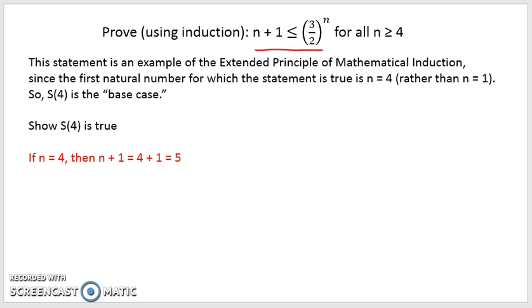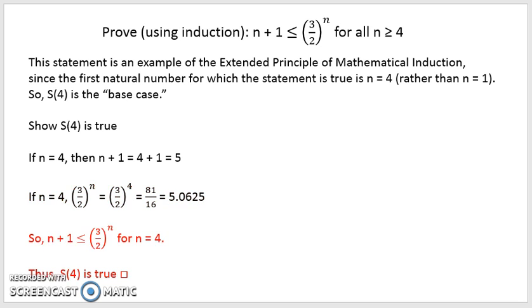If n equals 4, then n plus 1 is 4 plus 1 equals 5. Also, if n equals 4, plug it into the other side. 3 halves to the n is 3 halves to the 4. It's 5.0625. So we know that n plus 1 is less than or equal to 3 halves to the n for n equals 4. That implies that S of 4, our base case, is true.